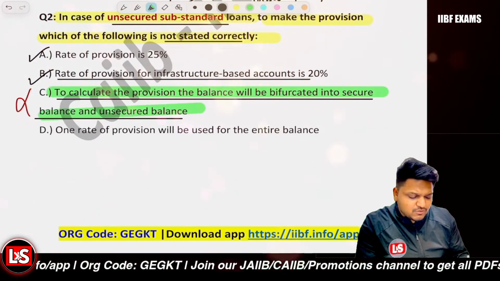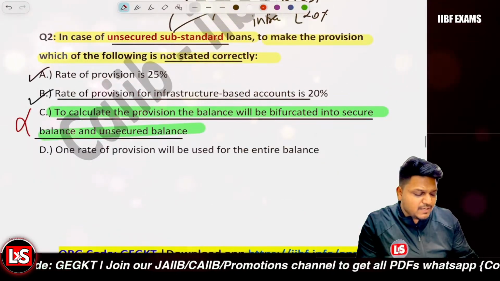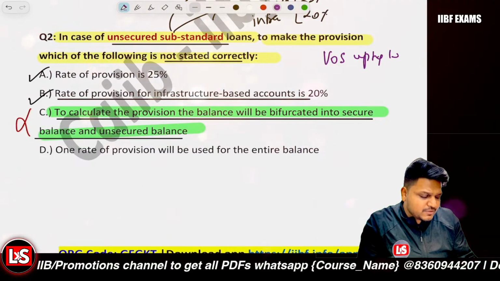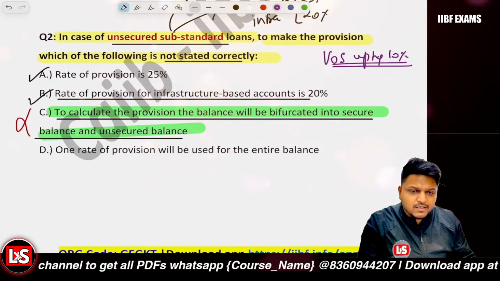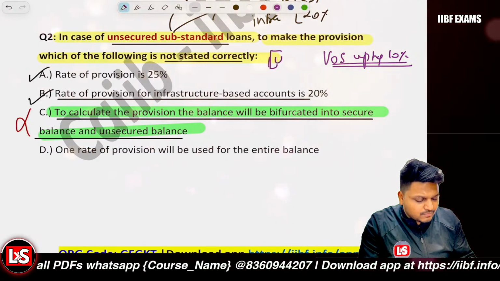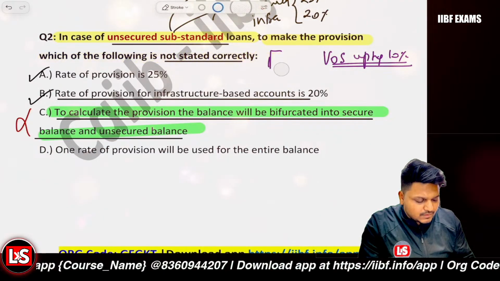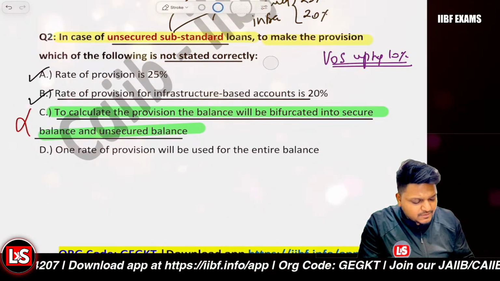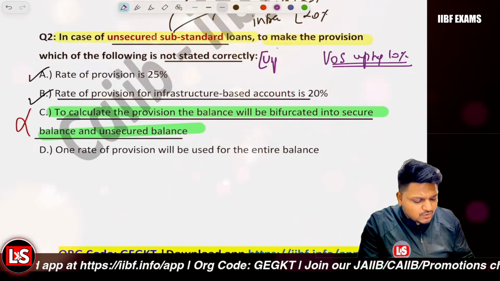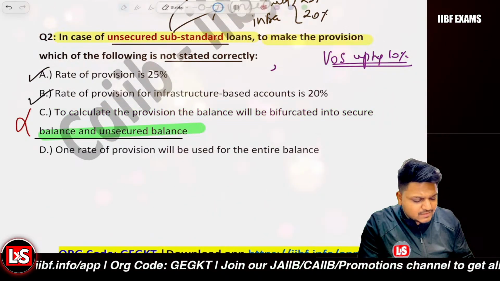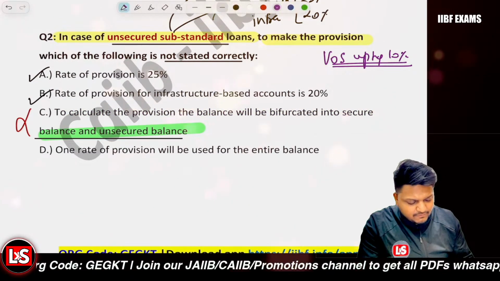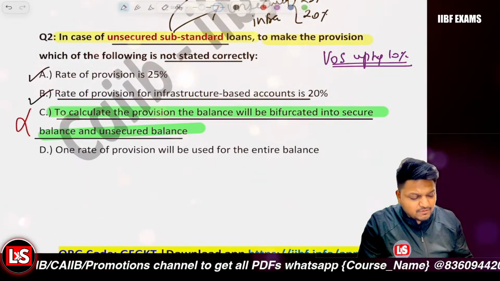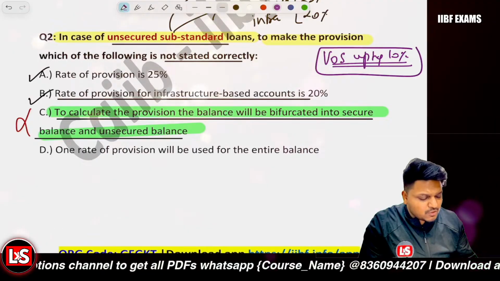So the case was very much simple. If the value of security is up to 10%, then we say the account to be unsecured.